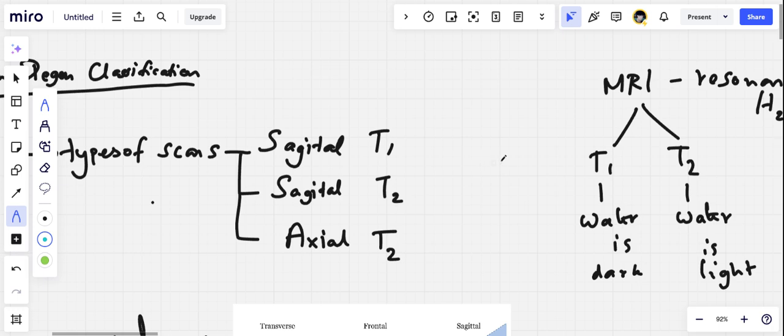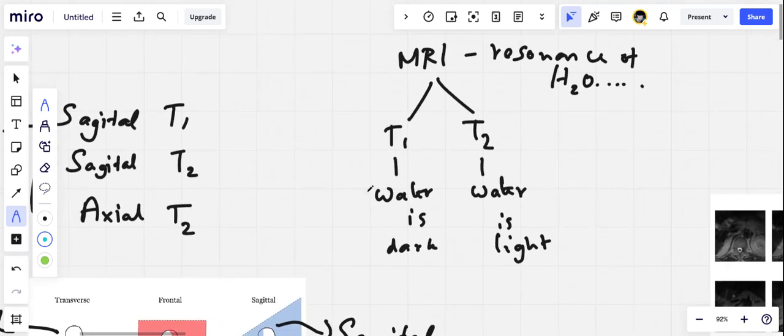So the machine settings are modified such that in T1 scans, the body parts containing water are dark and the parts without water are lighter. And for T2 scans, the body parts with water become light and those without water become a darker color.